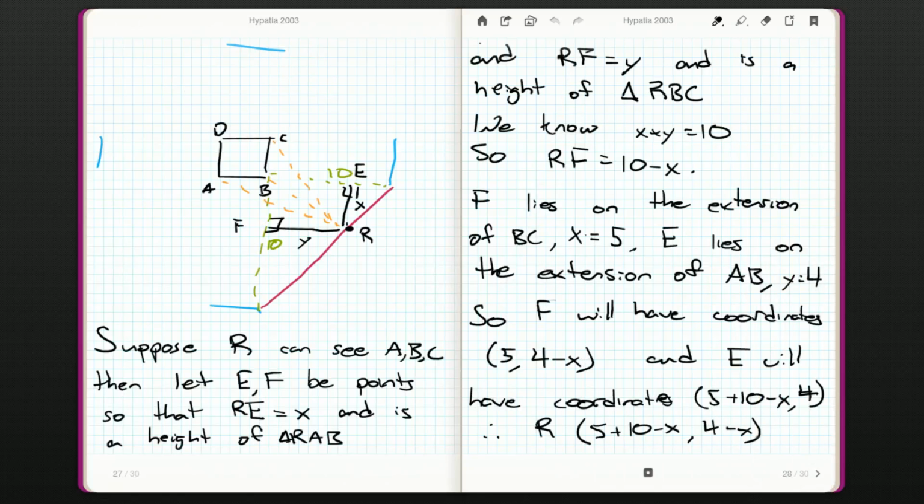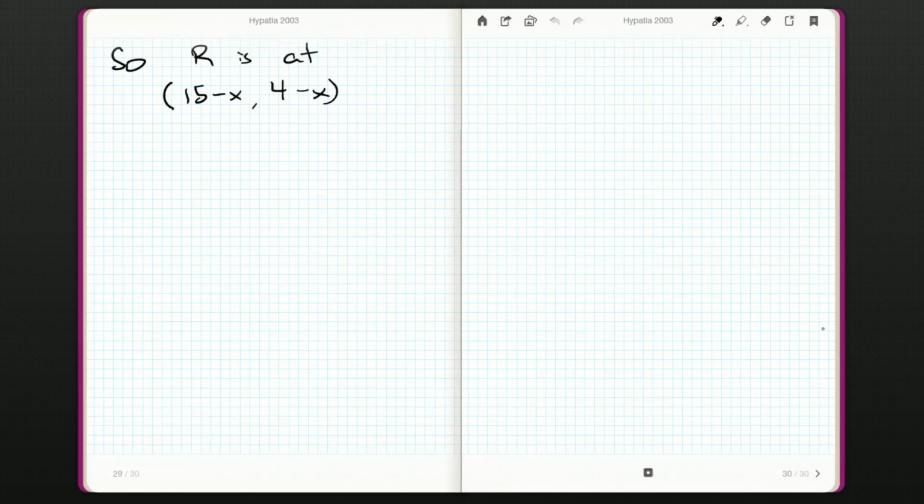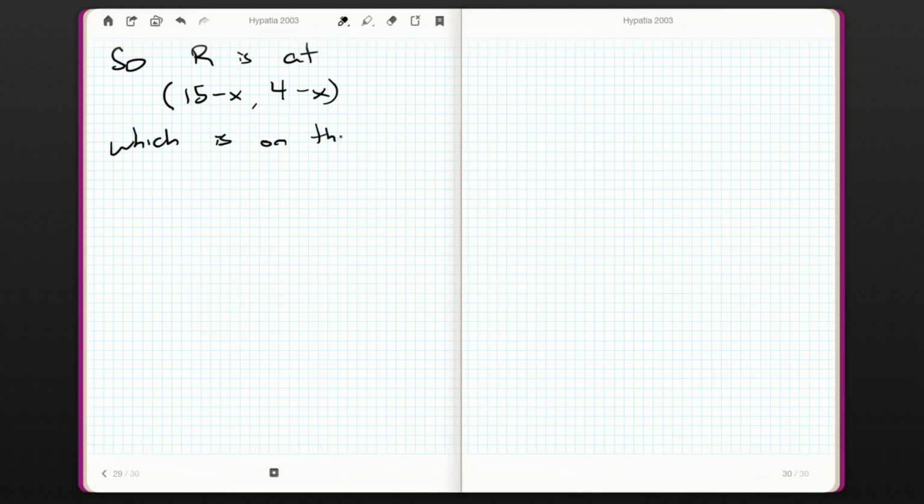Let's just double check. I'm just wondering why we have a minus 2 minus x's here. 4 minus x, yeah, that should be fine. Okay. And so this is on the line y equals x minus 11.